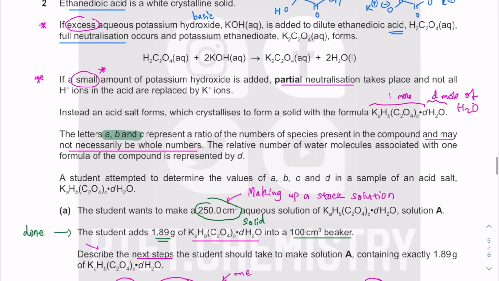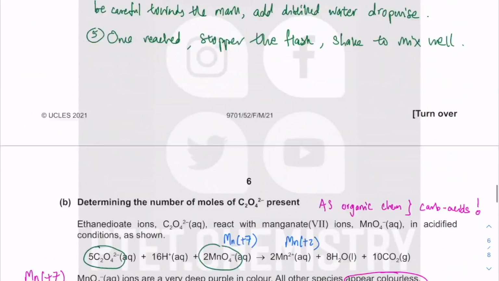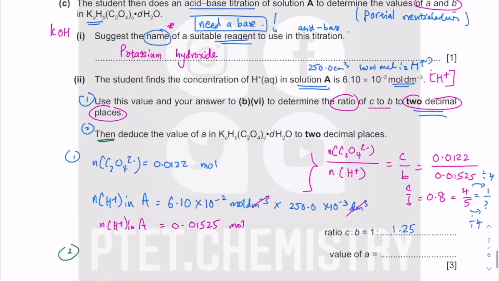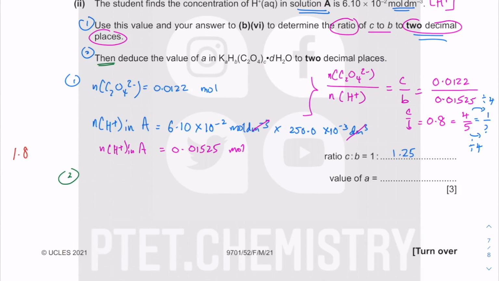So I know the other information they gave me was 1.89 gram of that whole thing. Not exactly useful though. Is that useful? Let me think. 1.89 gram of the whole solid.